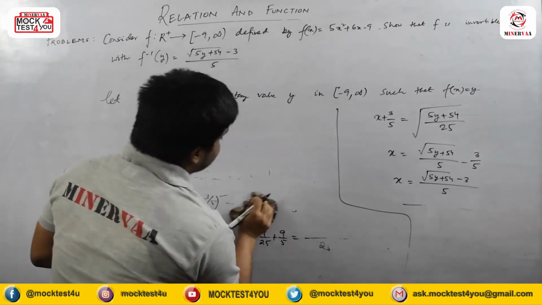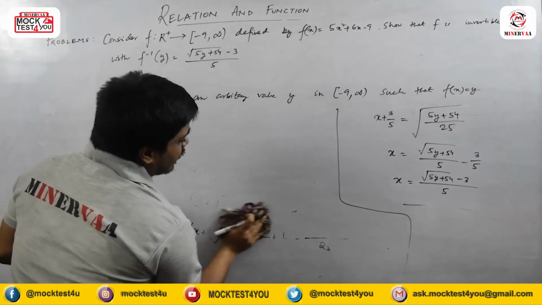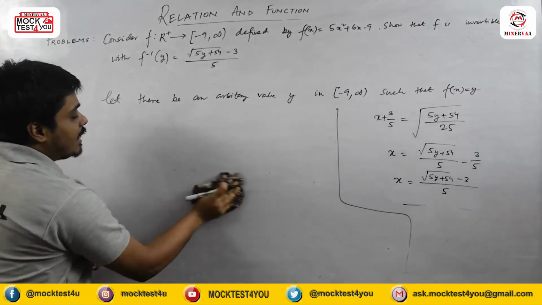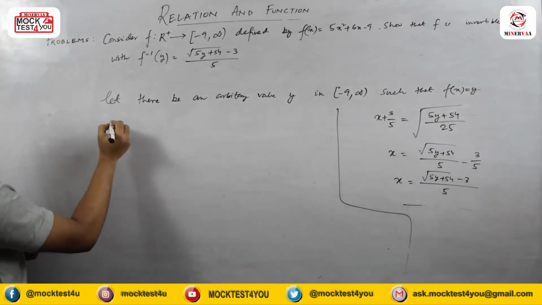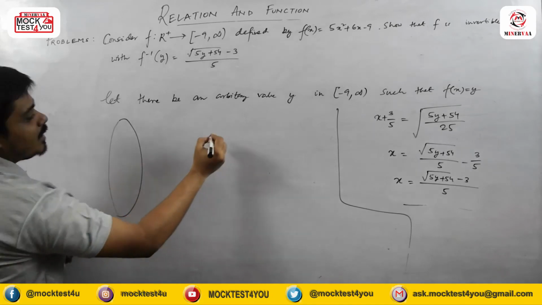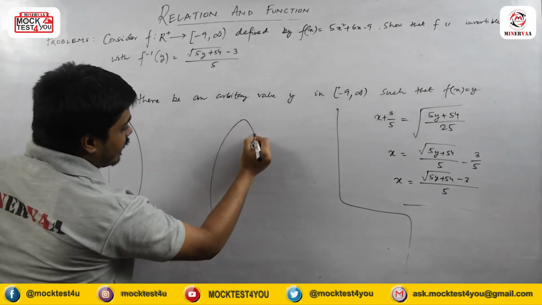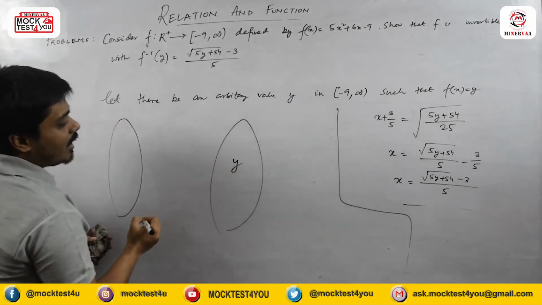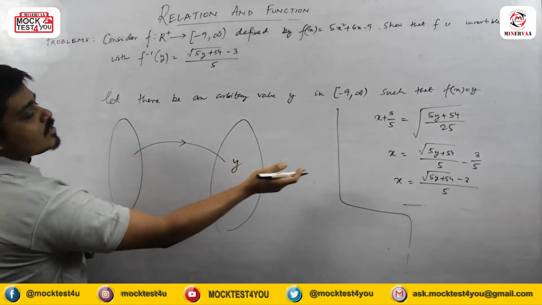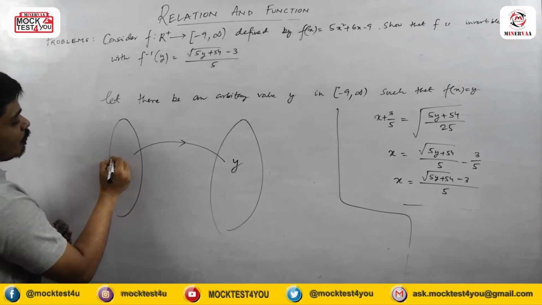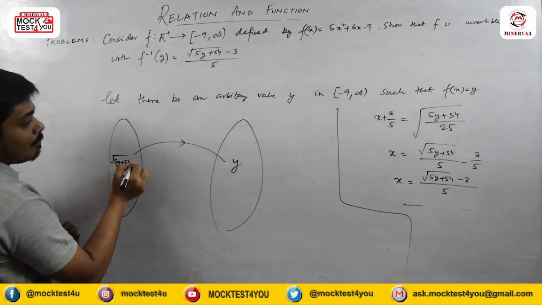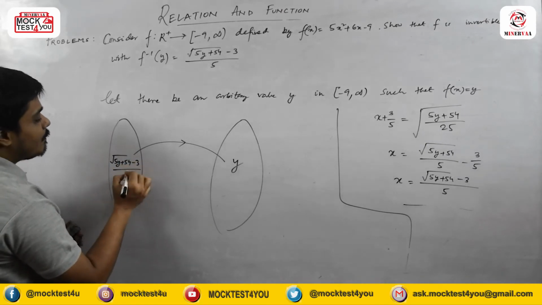So by doing this, we got the element whose image is y. We had the image y, and we traced back to the element whose image is y, that is root over of 5y plus 54 minus 3 divided by 5.